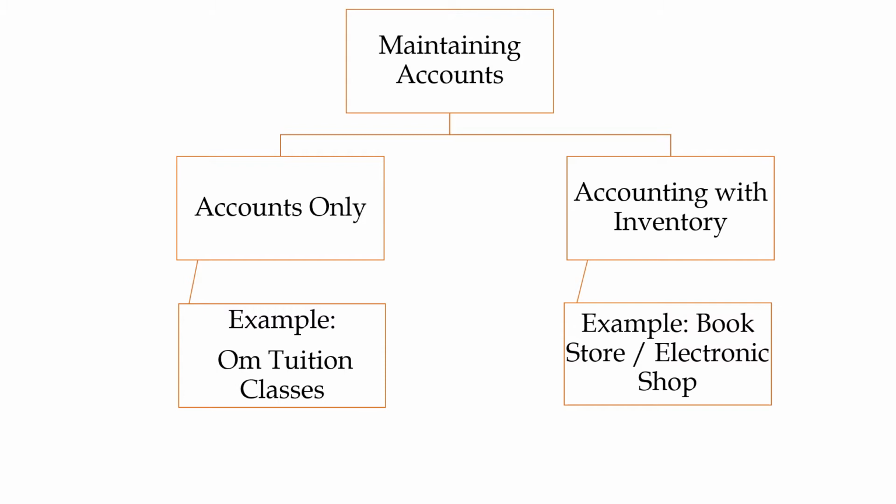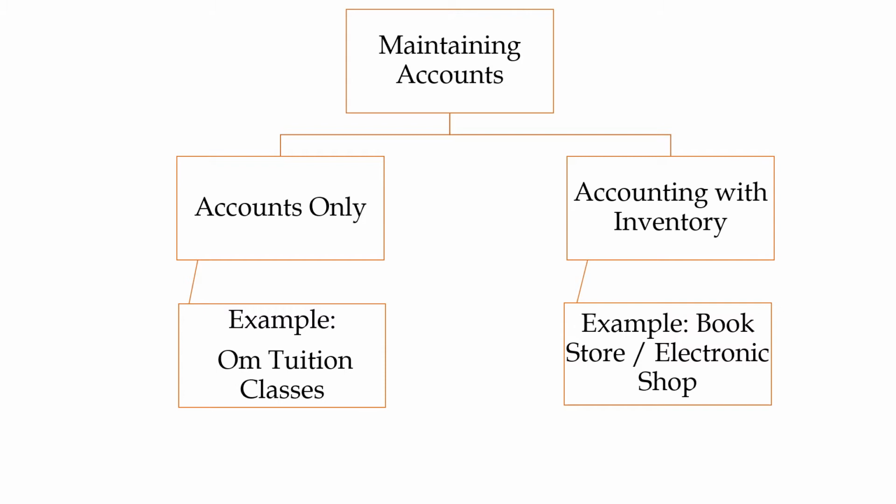To understand this, first you need to understand that when we maintain accounts, it can be of two types. In one case we are only maintaining accounts, and the other option is we are maintaining accounts with inventory. For example, if you are doing accounting for any tuition classes, you need not maintain any inventory for that. So you are in option 1.